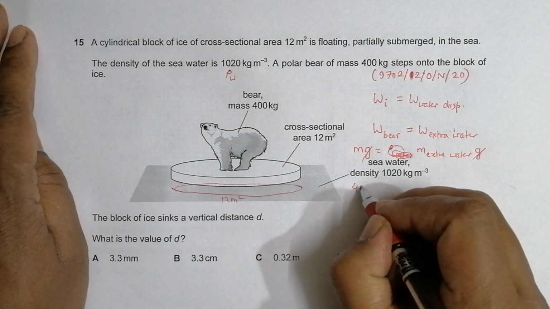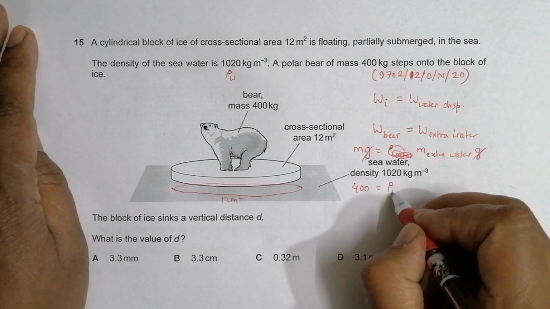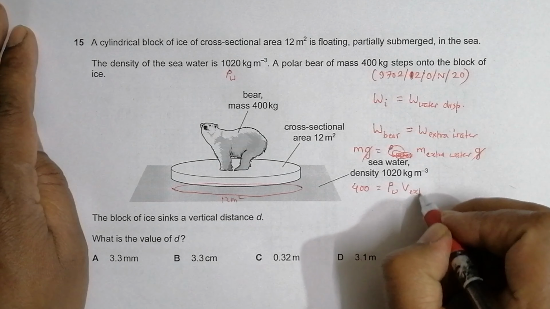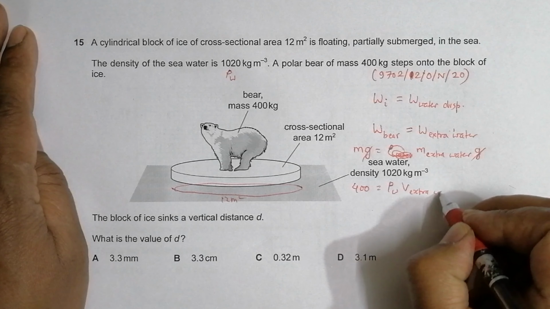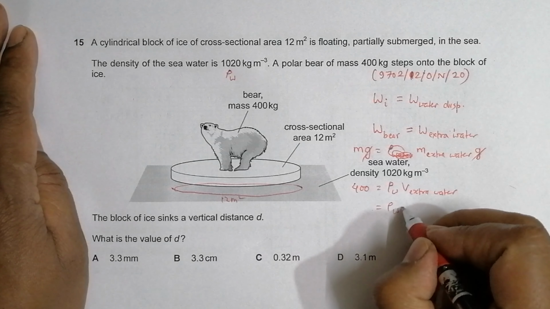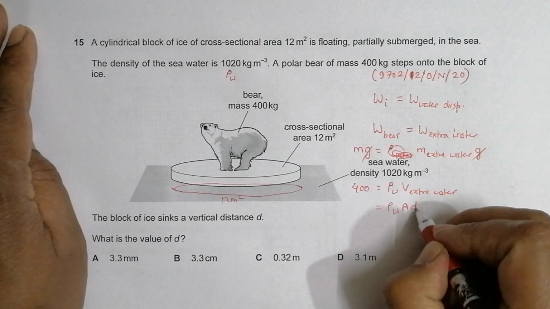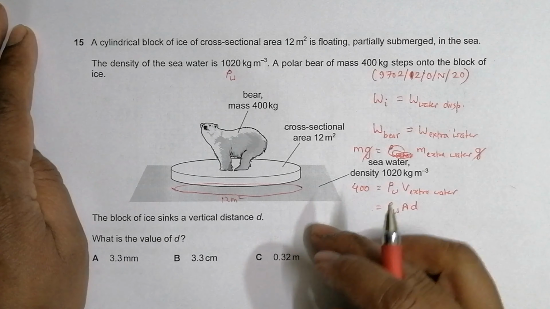So this 400 is equal to the mass of extra water, which will be equal to rho of water into volume of extra water displaced, and that's equal to rho w into A into the extra depth that it sinks.